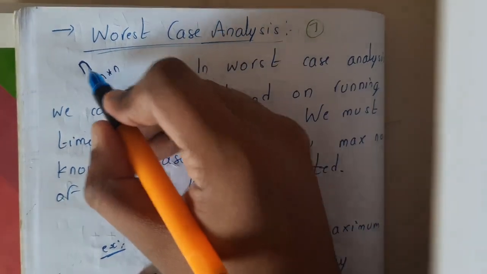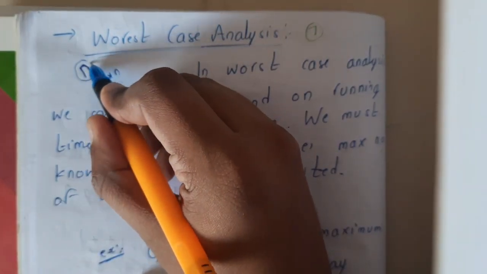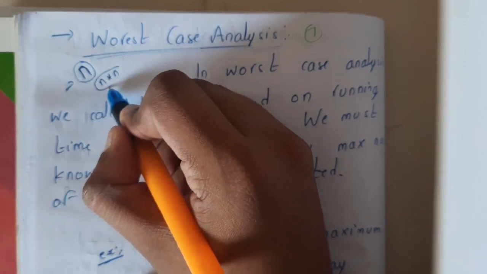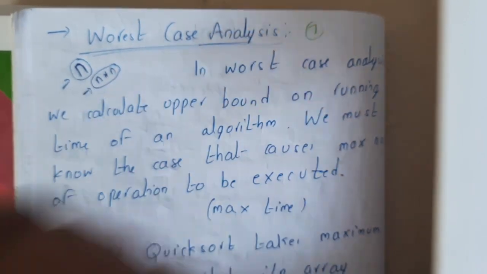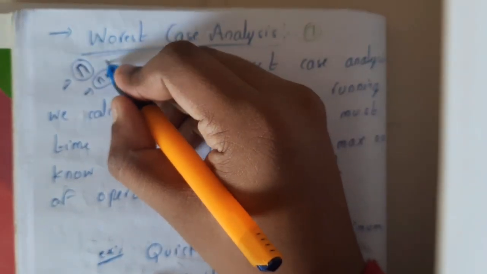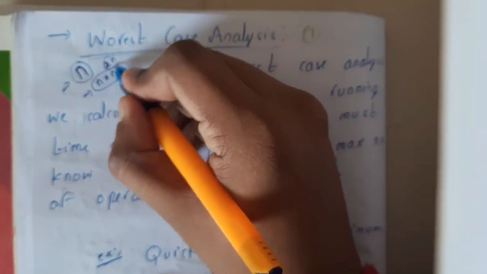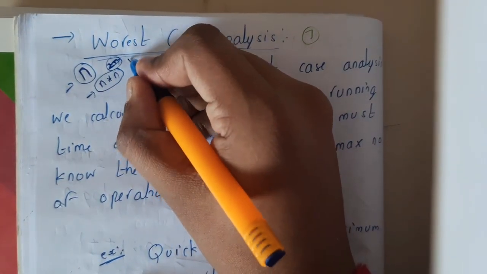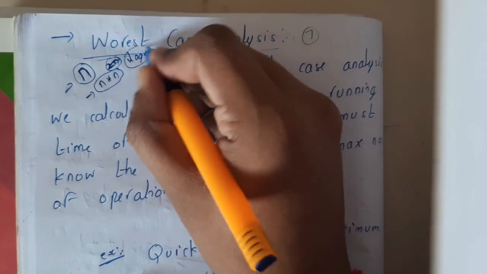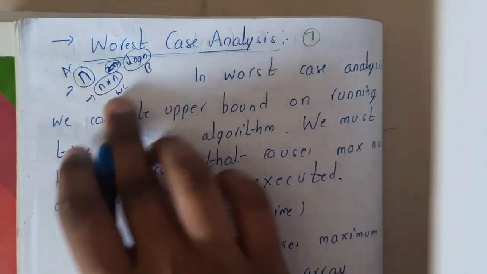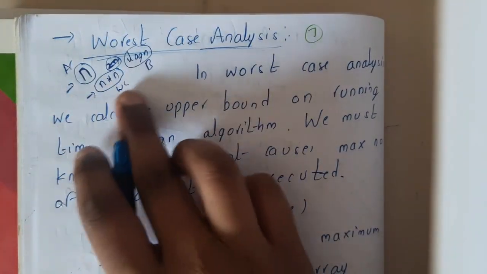Assume that an algorithm takes log n in the best possible scenario, n square in the worst situation, and something in between on average. These are the three cases, just written as an example for explanation.